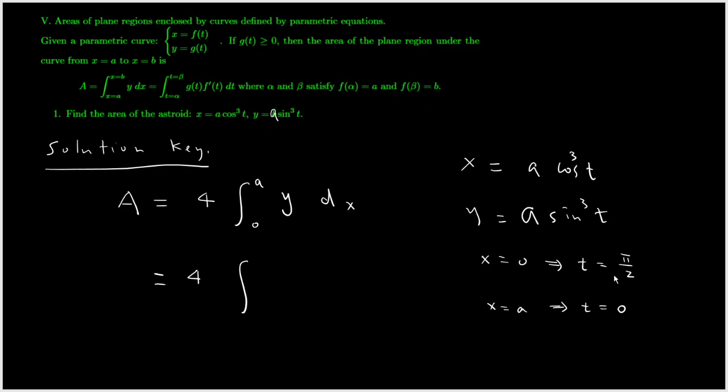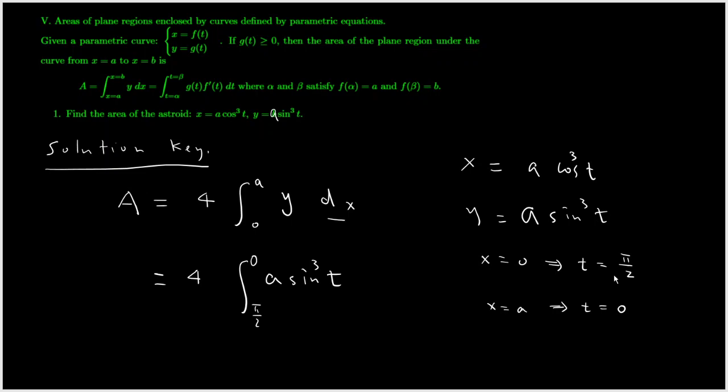Okay. So the new integral in terms of t is going to be, x is from 0 to a, so t is from half pi to 0. I hope it's not too weird. Okay. And then you replace y with a sine of t, the whole thing cubed.